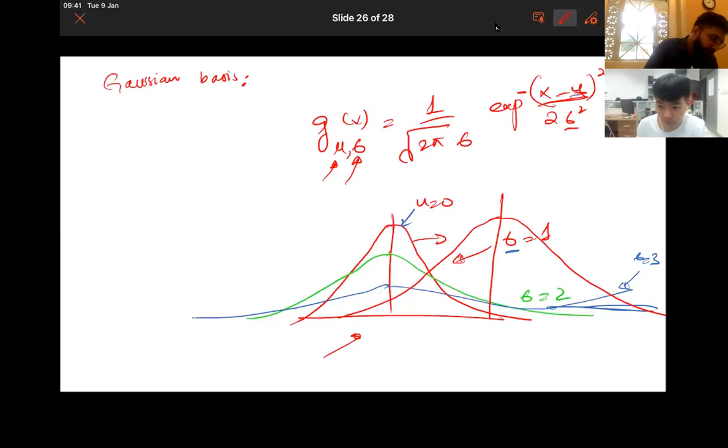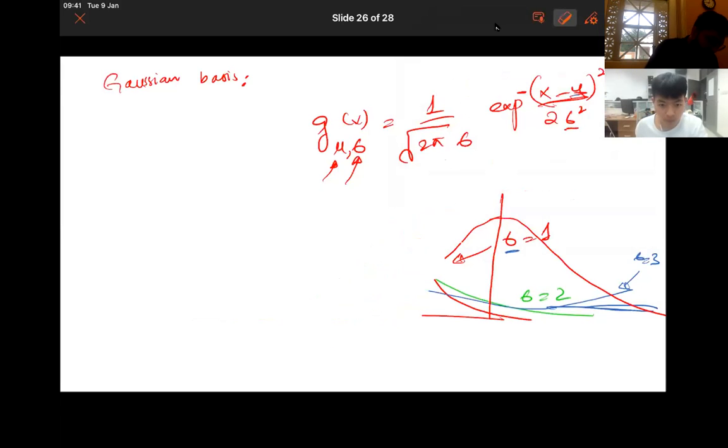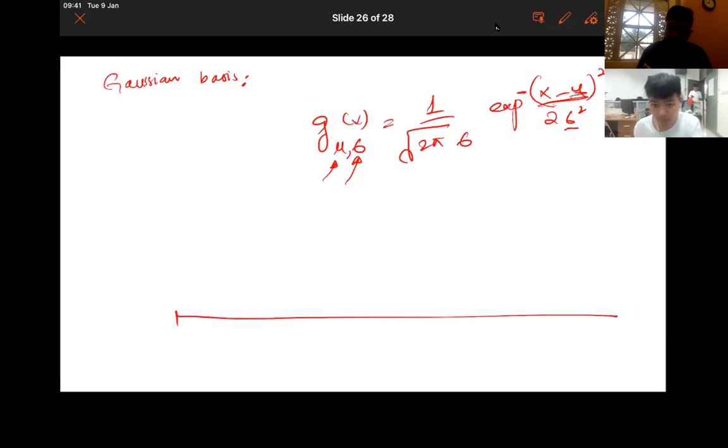So basically, let me just clean this up. How we can use Gaussian bases. Let's say that x in our particular task is from 0 to some x max, and I want to choose 10 bases.